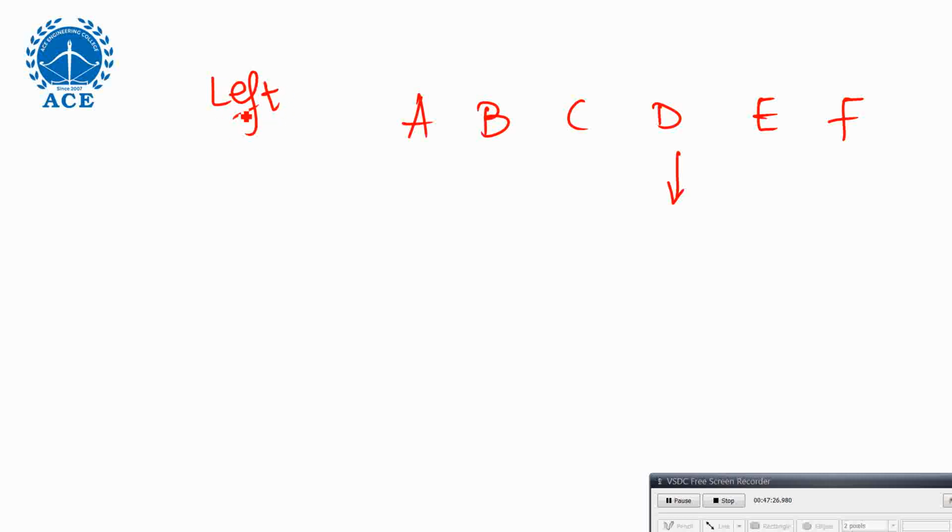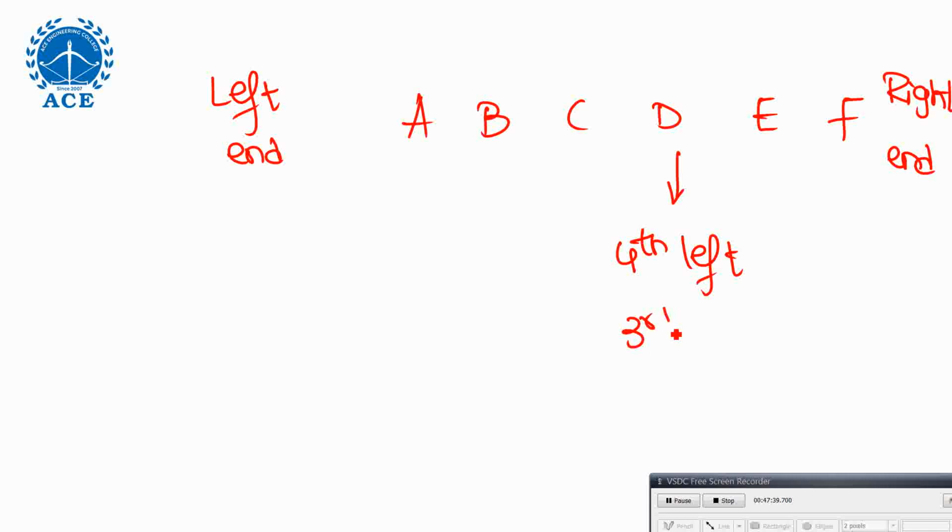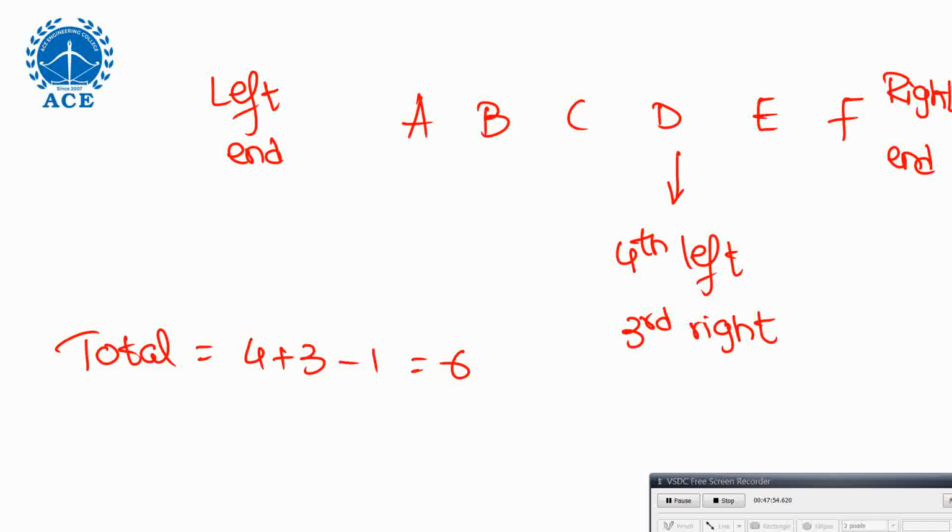Obviously, for you this is the right hand. D's position from the left side is fourth, and D from the right side is third. But the total number of letters in the row is 6, because 4 plus 3 minus 1. So that's what we discussed just now: adding the position from the left hand plus the right hand minus 1.